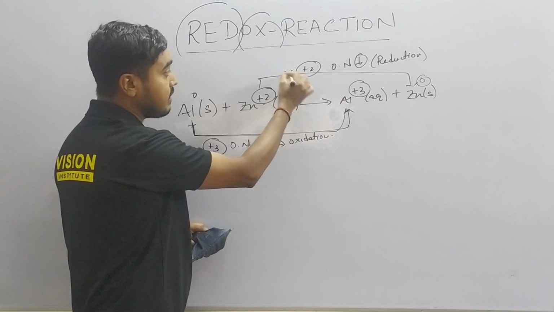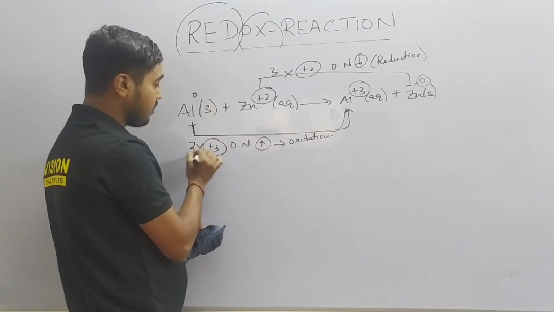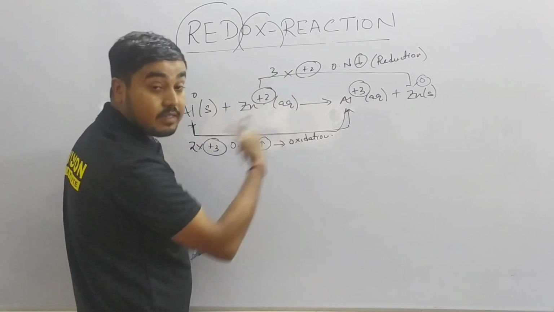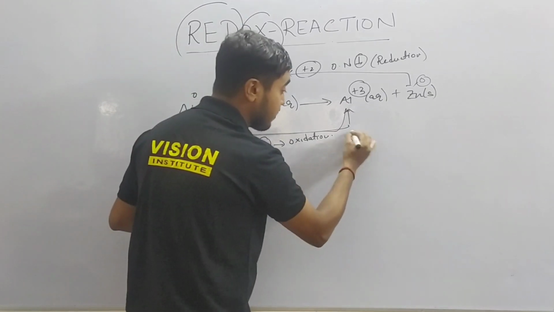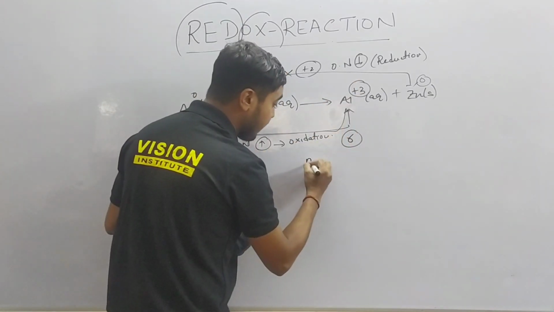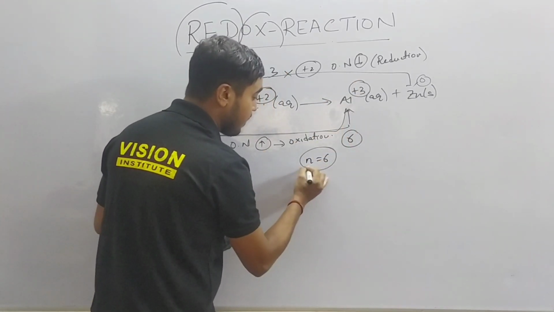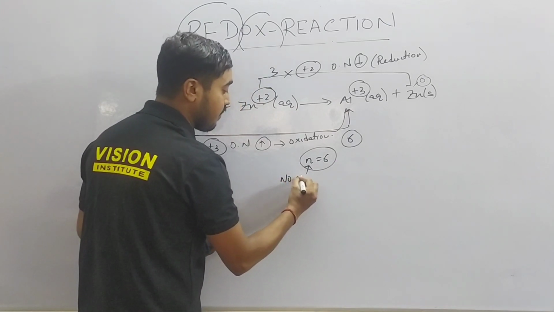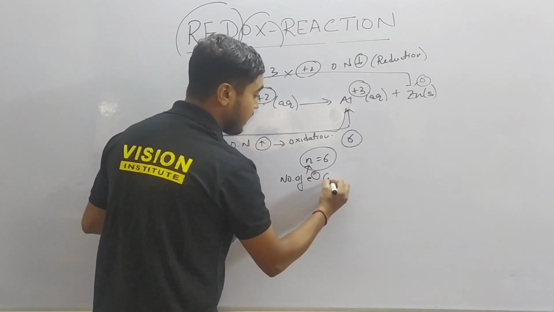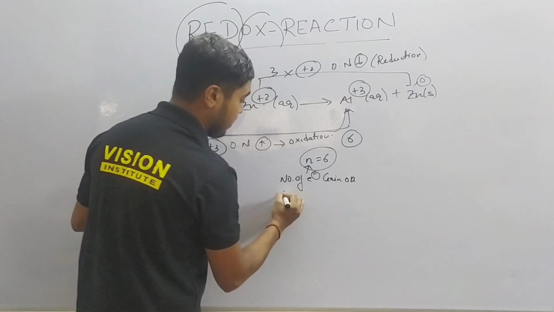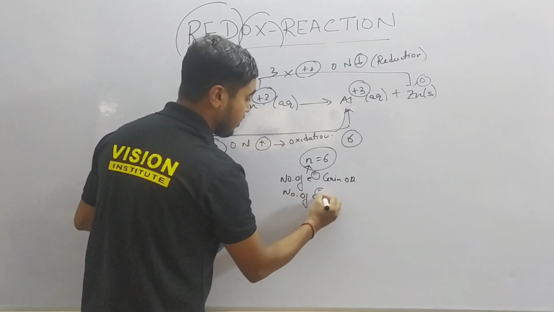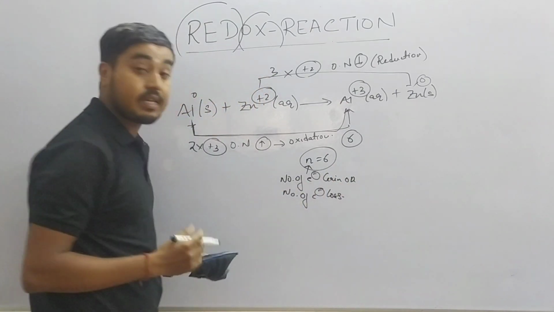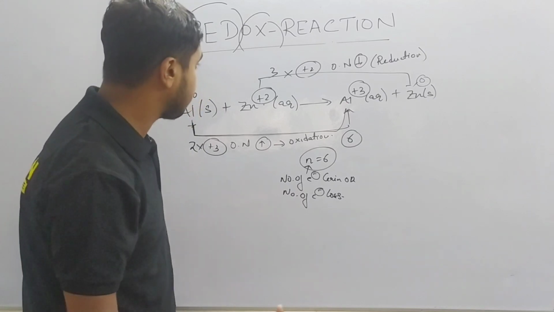If I multiply here by 3 and here by 2, the difference of charge will be 6. That means the value of n will be 6 here, where n indicates the number of electrons gained or lost, that is, reduction or oxidation only.